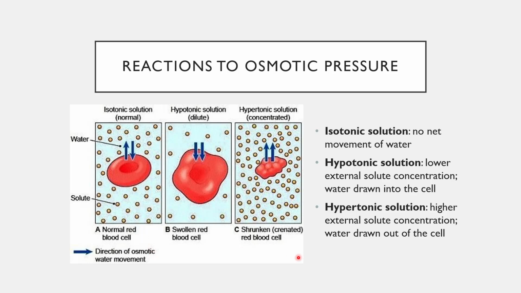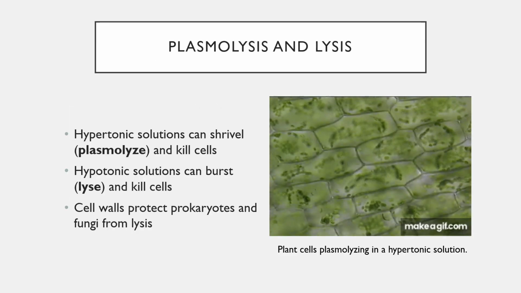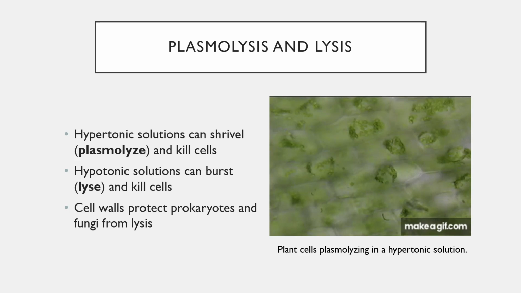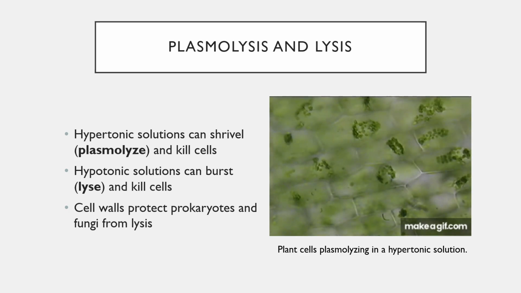Hypertonic solutions, because they draw water out of the cell, can have a shriveling effect on the cell. And this shriveling effect is called plasmolysis. Plasmolysis can lead to the death of a cell through the ultimate loss of water.